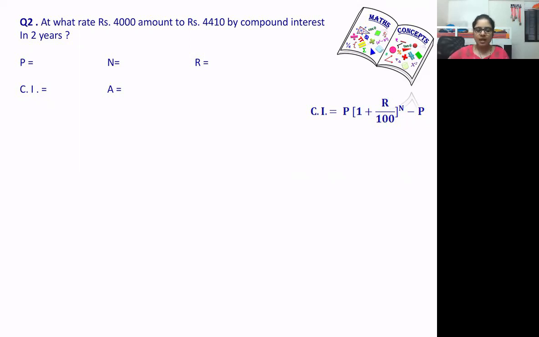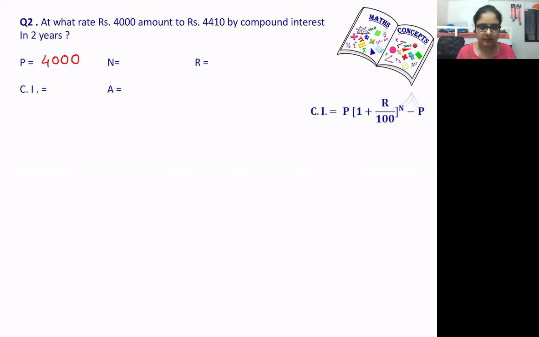Now, Soham, can you tell me how to solve this? So we will first put all the numbers in order. P equal to 4,000.